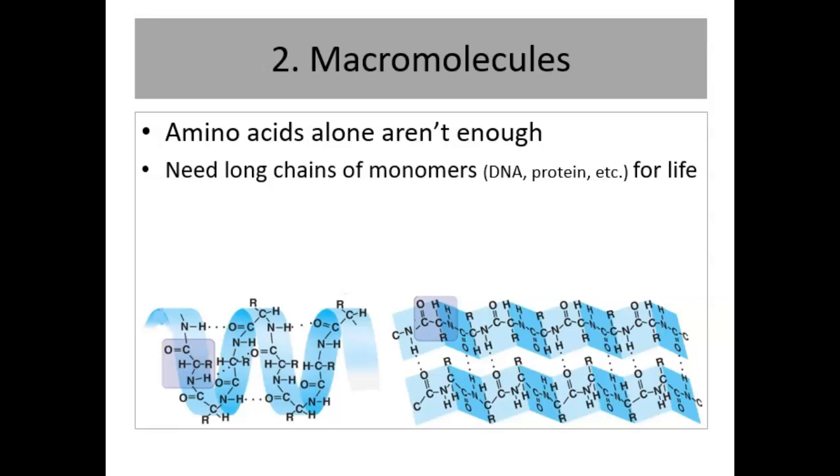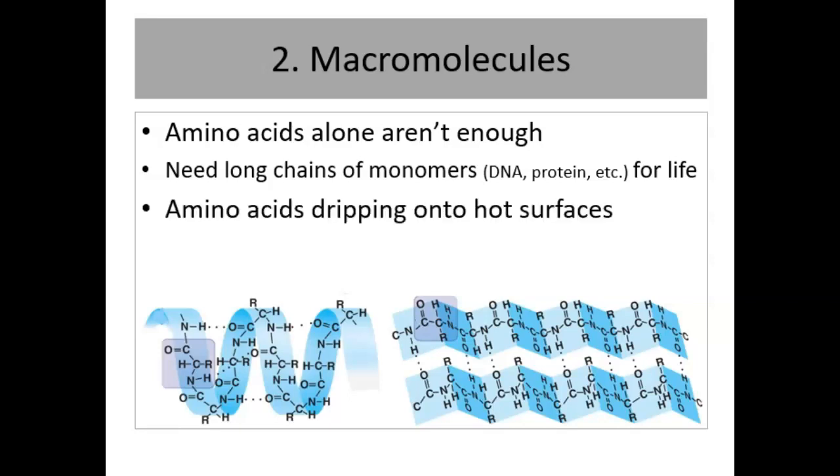It has been discovered that if you take a solution of amino acids and drip them down onto a hot surface, they will actually start to form bonds among them so that they connect together and make a large molecule. This is especially true, it turns out, if you're dripping them down onto clay, for some reason.